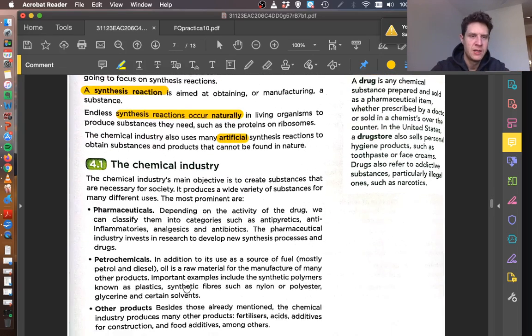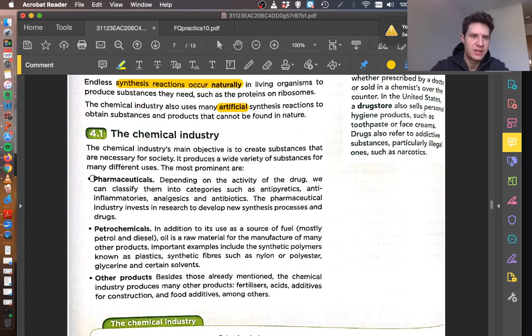Yes, the chemical industry has made medicines or drugs. It has made different synthetic plastics, solvents, fibers like nylon or polyester. Yeah, and it's made from fuel, from petrol stuff.